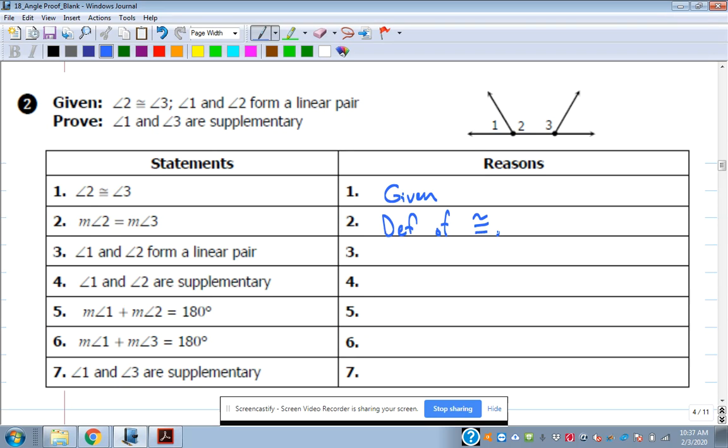Angle 1 and 2 form a linear pair. Where'd that come from? That was a given. So I don't really think they did much good by waiting until the third step to put that in there. I would have just put it on the first line and saved myself a line there. All right. And then number 4, angle 1 and 2 are supplementary. So which one is it?